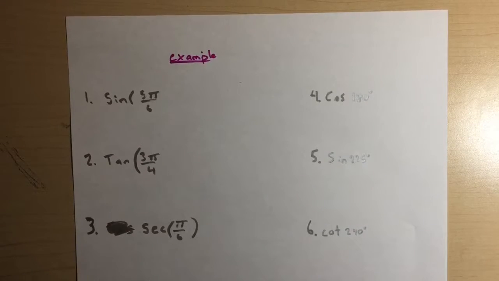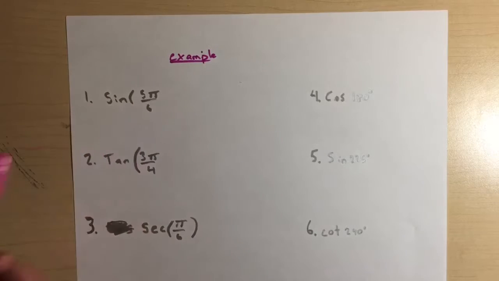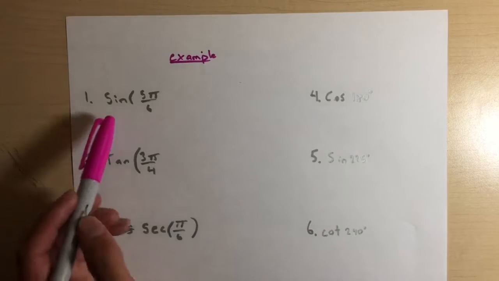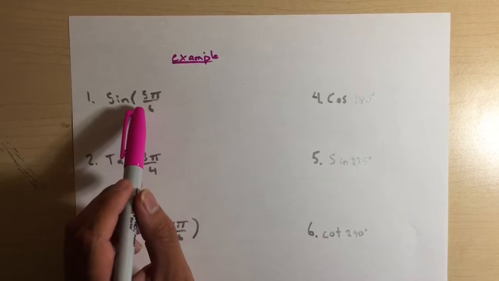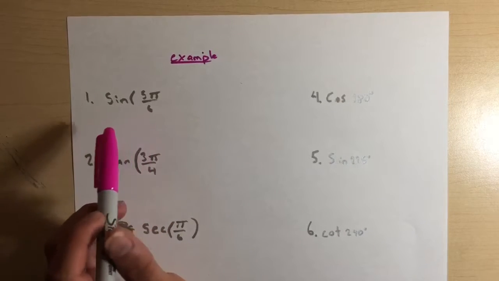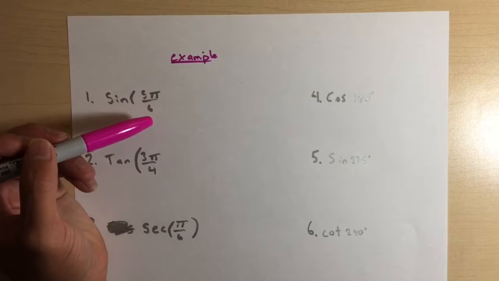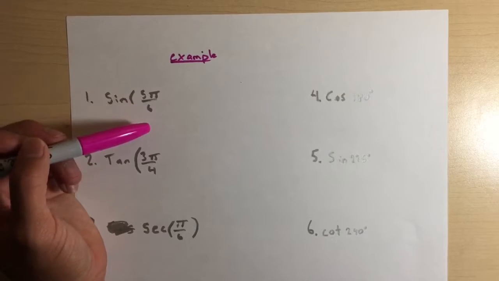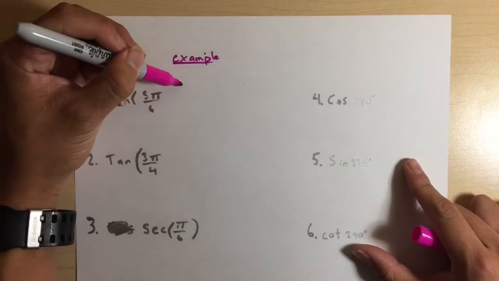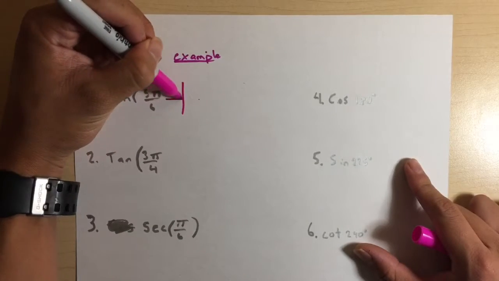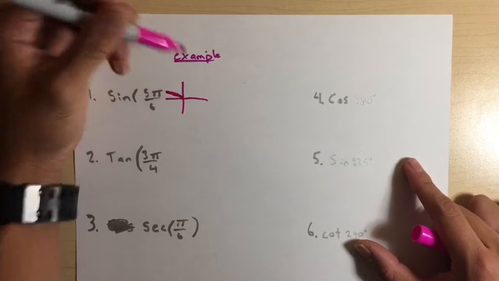Alright, now I'm going to do some examples on how to use a unit circle to solve these trig functions. So the first thing we're going to do for number 1 is to find the location of 5 pi over 6 on the unit circle. You can do this just through memorizing where each of these points lie on the unit circle. So 5 pi over 6 I know lies at this angle.